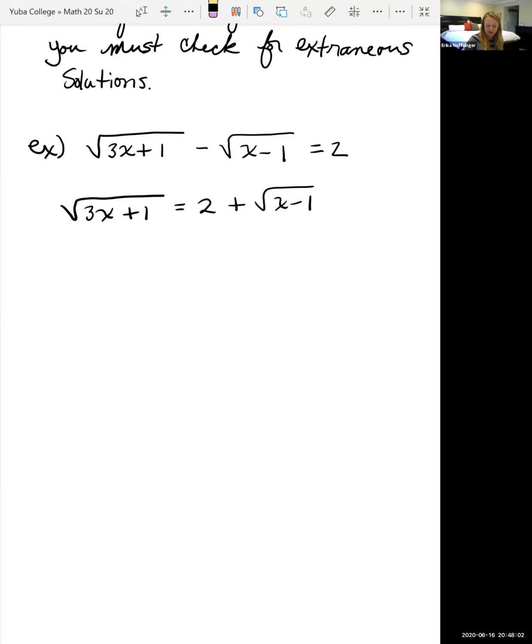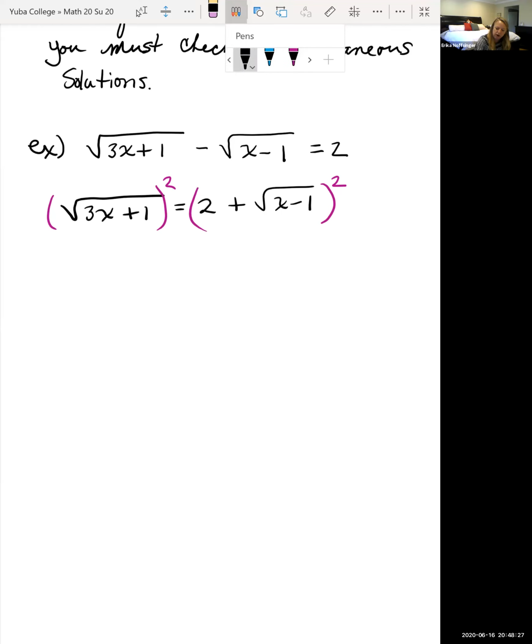And so we've isolated one of the radicals. So the next part was you're going to raise both sides by the index of the radical that you had isolated. So it's a square root, so I'm going to square both sides of my equation. This is where you need to be careful. And a lot of students get this next step wrong.